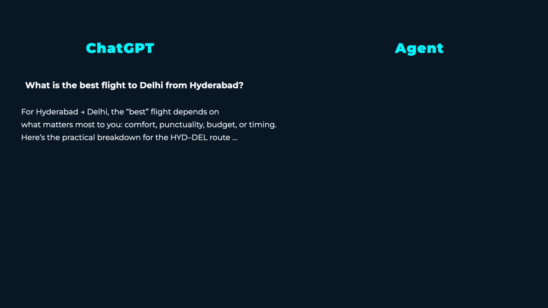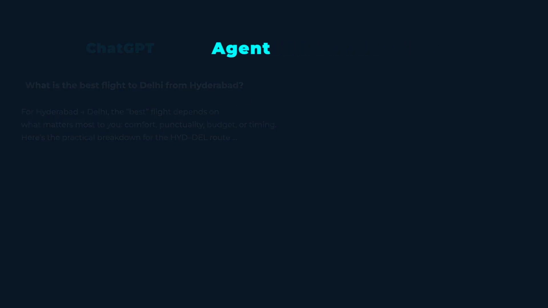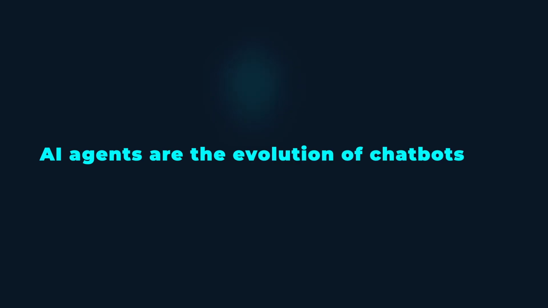It can suggest a few best options, but it's just a chat. An agent searches flights, compares the prices, asks your preferences, books the tickets, adds it to your calendar, emails the details to your email box, and sets the reminder, by the way. Everything is done automatically. That's why people say AI agents are the next big thing after chatbots.